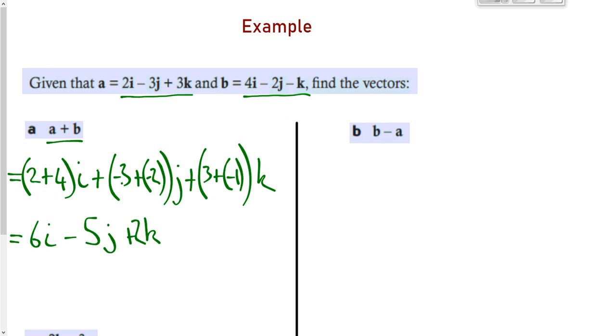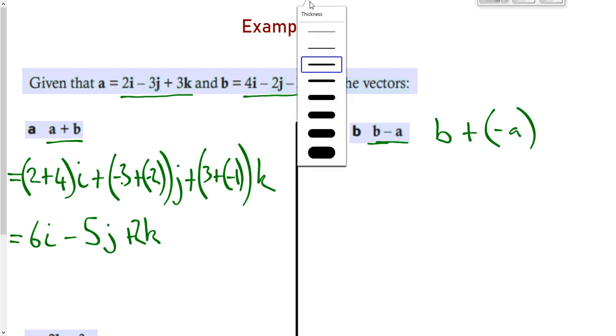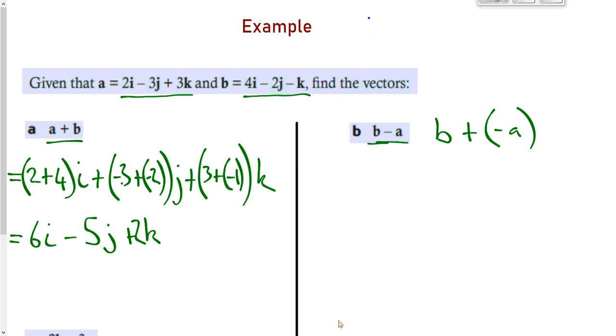Okay, now we're going to do some subtraction. So that was the addition. Now remember, subtraction is basically just adding. We're going to add the negative version of A. So let's do that again, let's use a different flavour, let's go back to blue here.